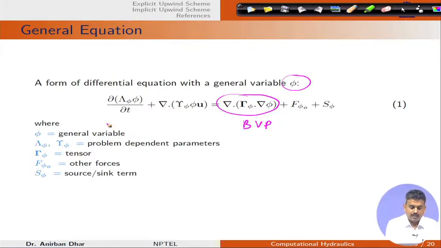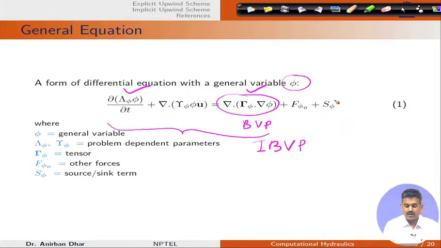With our temporal term and the other right hand terms, this one and this one, we solved initial value boundary value problems, and in these problems we have considered S phi, the sourcing term.